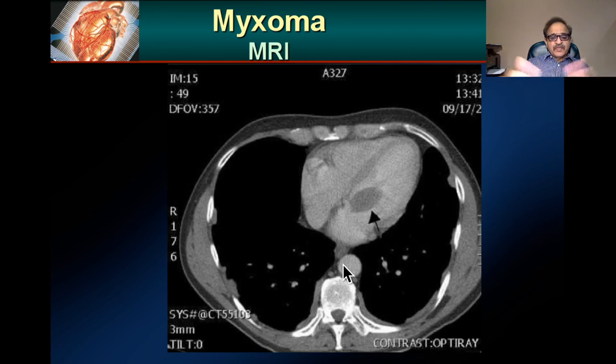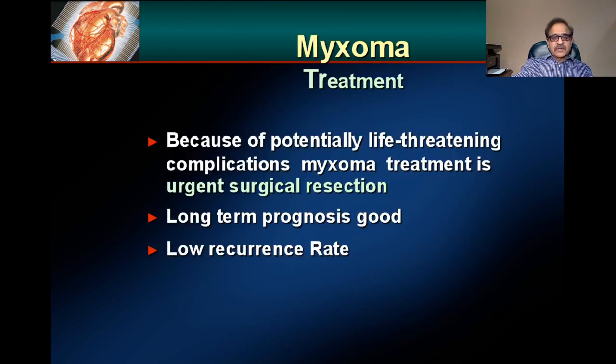So you should order ECG, X-ray chest for the symptoms and signs of left atrial enlargement and pulmonary venous congestion, and CT chest with contrast enhancement and MRI. These are the investigations for the diagnosis of atrial myxoma and other cardiac tumors.